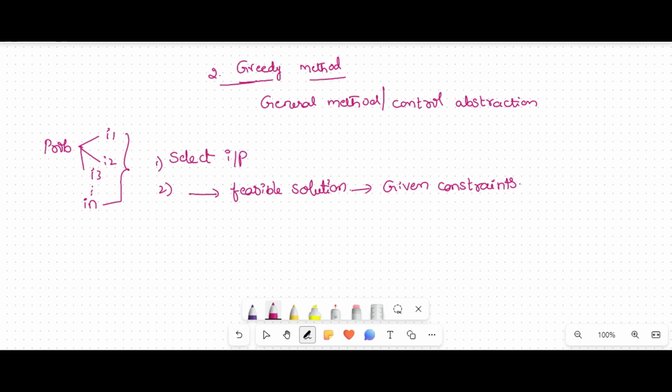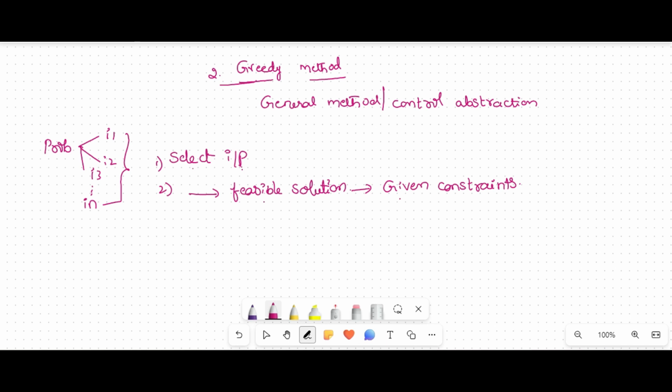We are selecting one input from the given set of inputs. Find out whether that input is feasible or not. What is meant by feasible? It has to satisfy the constraint.